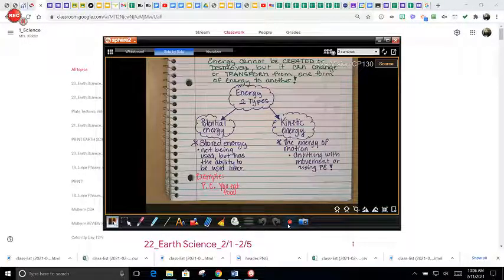All of these things, these are an example of potential energy from eating. You need to do all these other things.